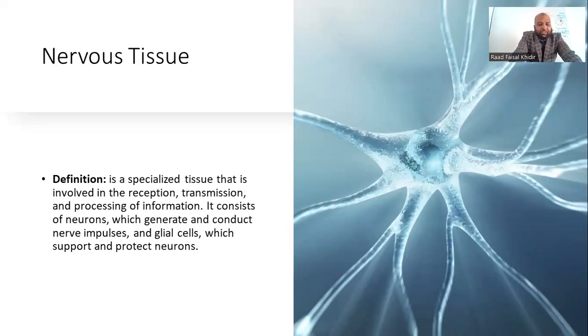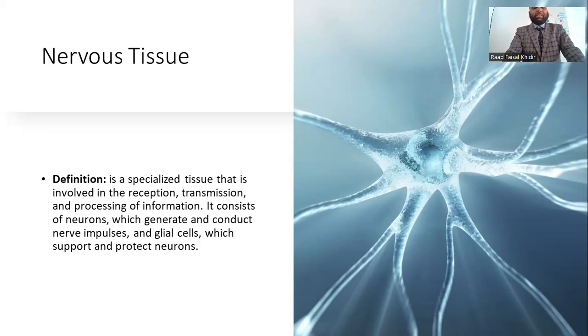Now, nervous tissue. The definition of nervous tissue is that it is a specialized tissue that is involved in the reception, the transmission, and the processing of information. Once the nervous tissue gets excited, it will not contract. It will receive the information, integrate it, process it, transmit it, and create an output.